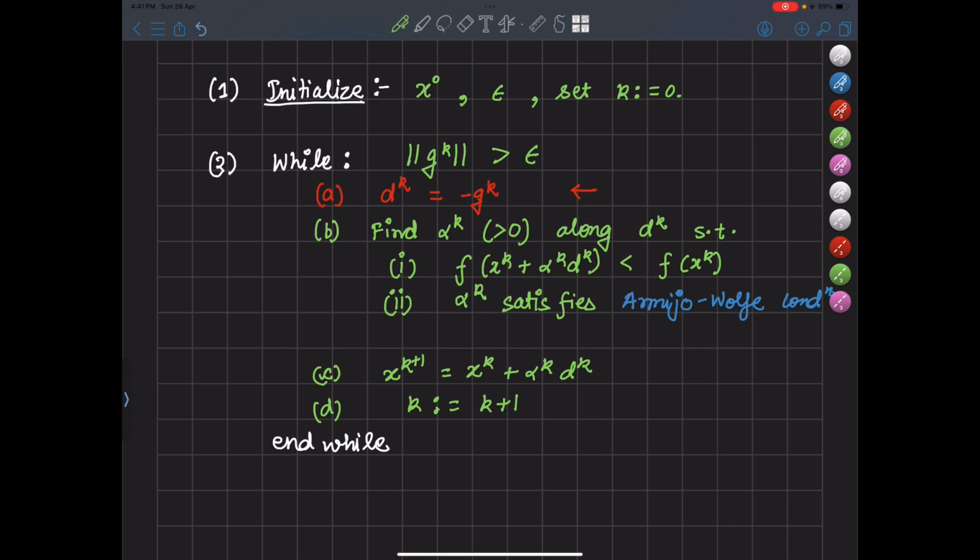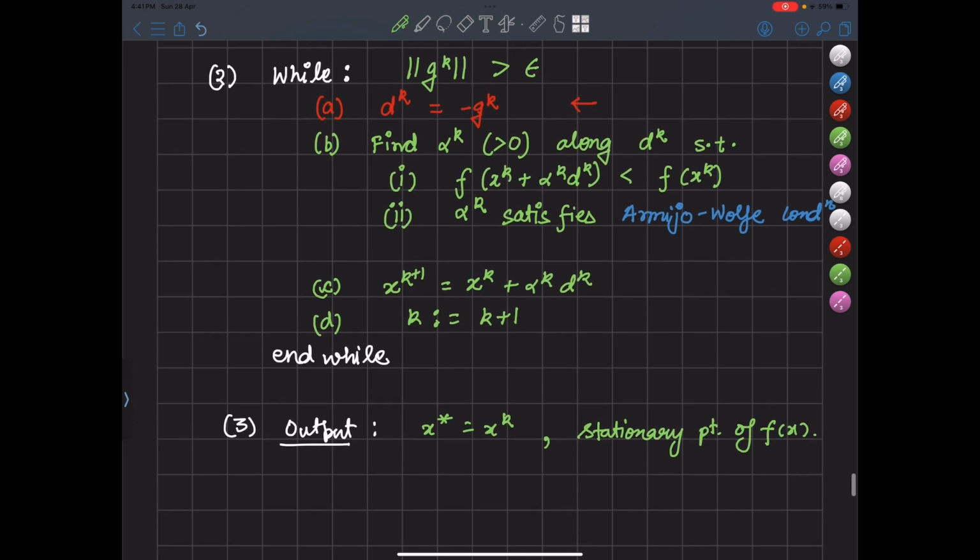Now we send the output. The output is nothing but x star equal to xk, which is the stationary point of f(x). So this is the algorithm in a nutshell.